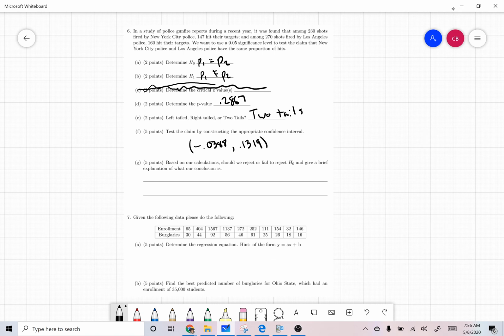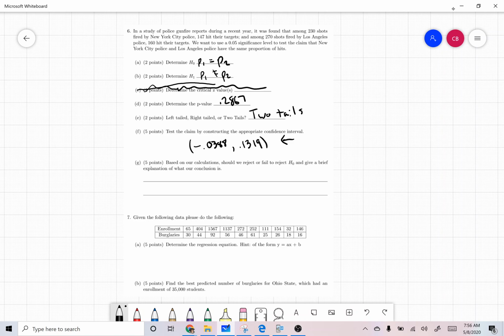Based on our calculations, should we fail to reject or reject it? Since 0 is contained in this confidence interval, 0% would indicate that there is 0% proportion difference in these two things.